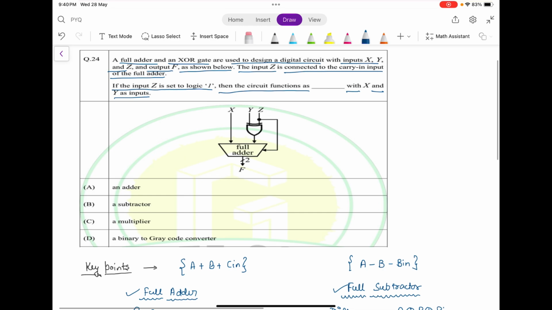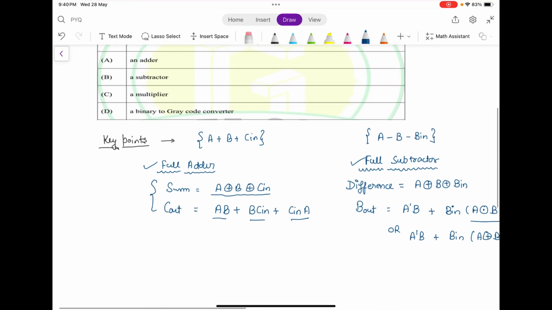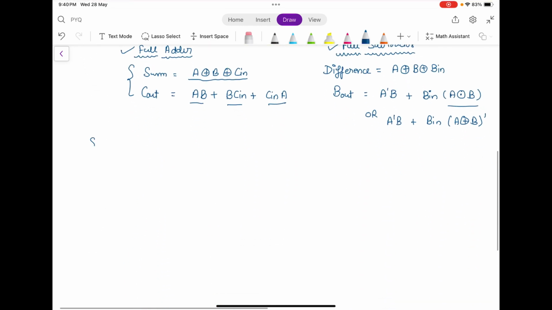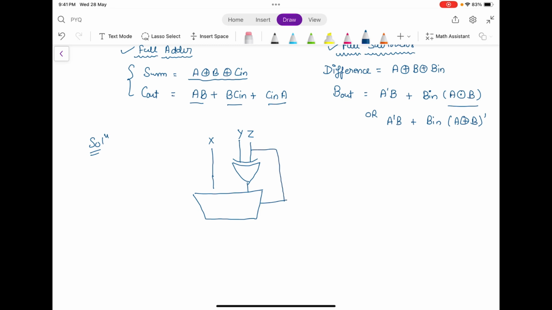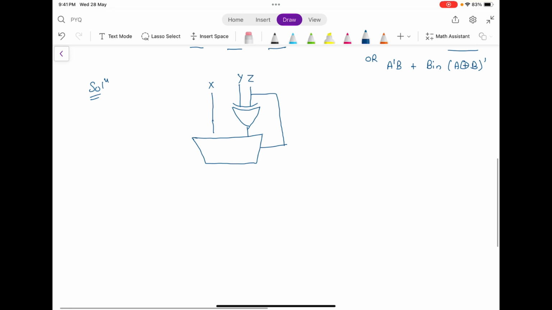So let's go to the solution by redrawing the circuit. We have X, Y and Z as inputs. What we are going to do is first write the expression for full adder and then analyze the outputs of the full adder by looking at the corresponding inputs.